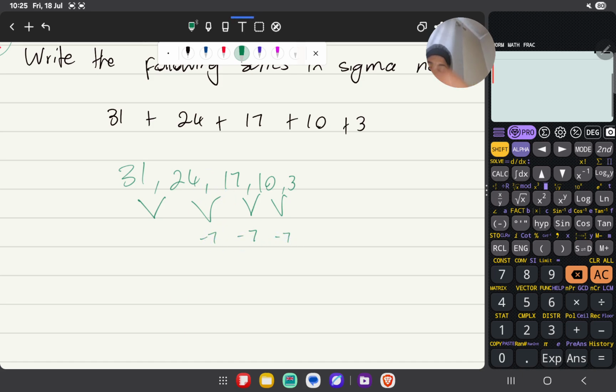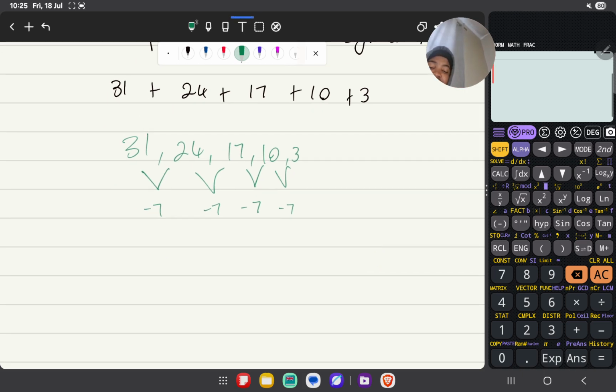I have minus 7 and minus 7 too. So I am seeing that I have therefore Tn equals a plus (n minus 1)d. This is the formula I will use. I have 31 here plus (n minus 1), then this is minus 7.